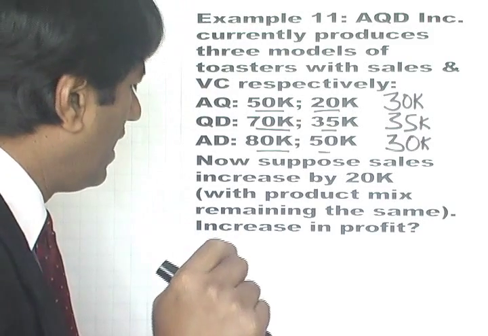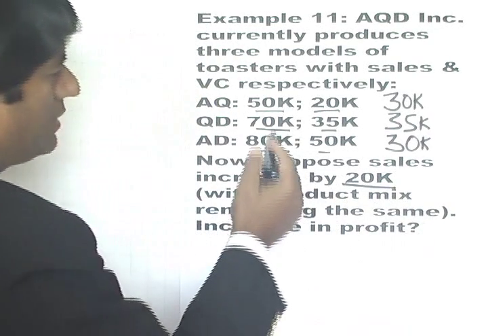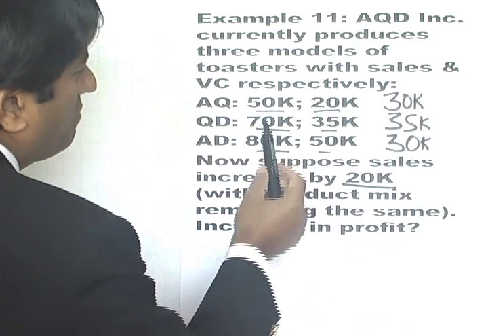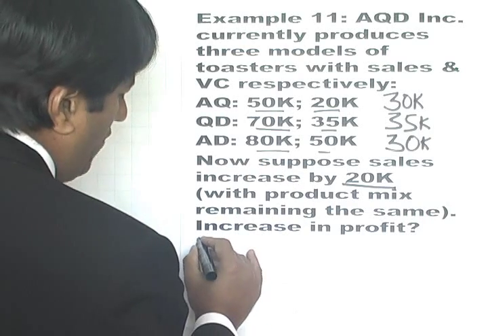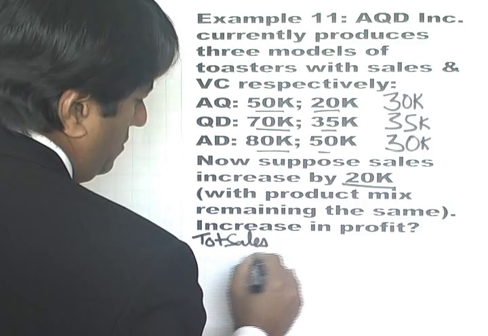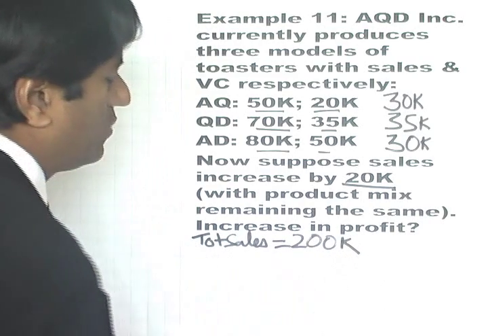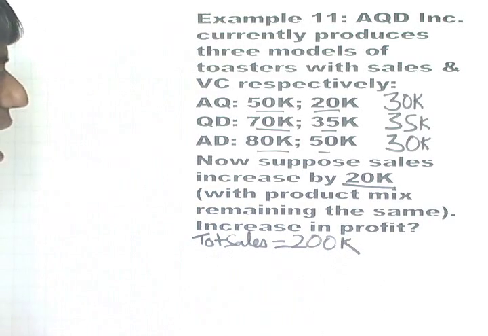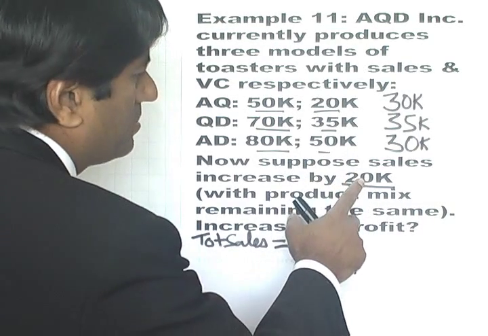And sales are going to increase by 20K. So what is total sales now? Well, total sales right now is 50 plus 70 plus 80. So total sales are 200K, and it's going to increase by 20K, so it's going to increase by 10%.